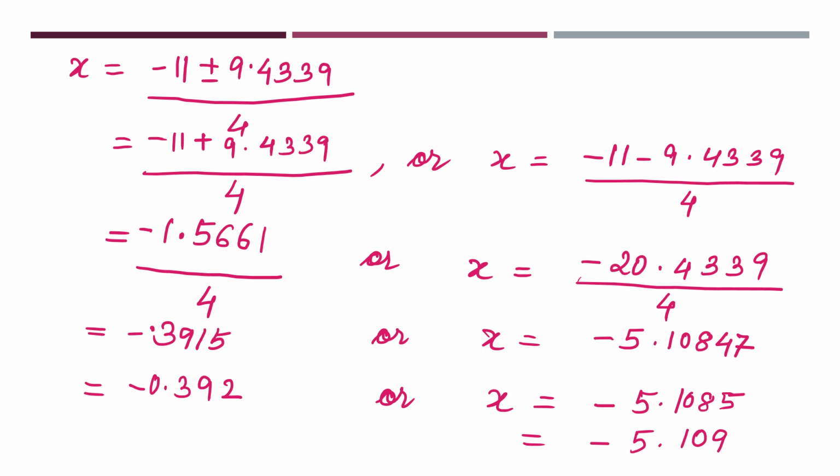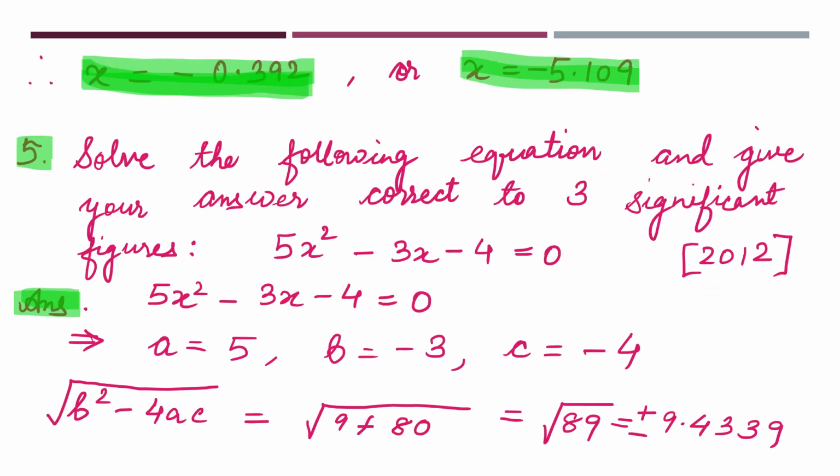That is, x is equal to minus 0.392, or x is equal to minus 5.1085, which is equal to minus 5.109, correct to 3 decimal places. That is what we get, the answer as x is equal to minus 0.392, or x is equal to minus 5.109.